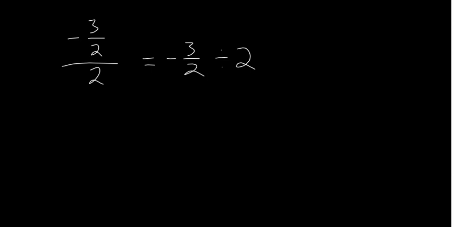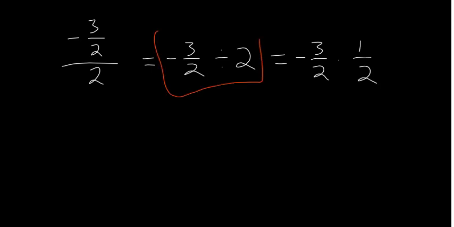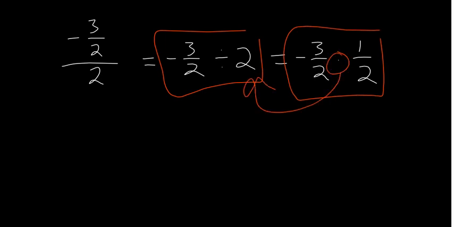Now I can rewrite this as negative 3/2 times 1/2. I go from here to here by multiplying by the reciprocal, and that's how I get negative 3/4. So if you need to, rewrite it like this, and it'll come back to you.